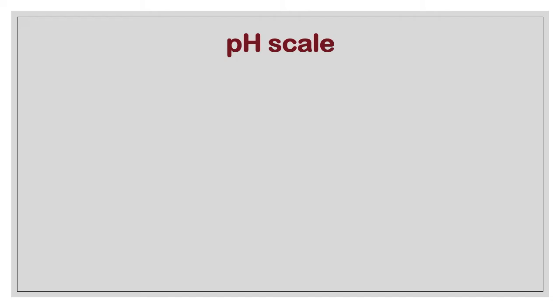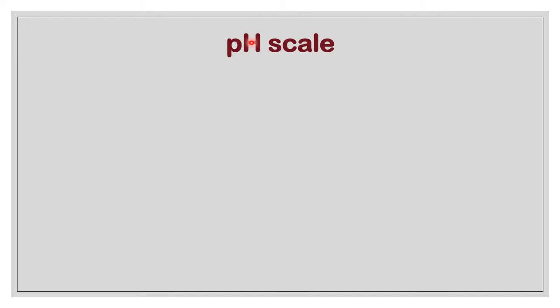So here also, to measure the strength of an acid and the strength of a base, we require a scale. And this scale is called what? The pH scale. What is the pH scale? P stands for potenz. It is a German word meaning potentiality, power, ability of what? Of hydrogen ion concentration.